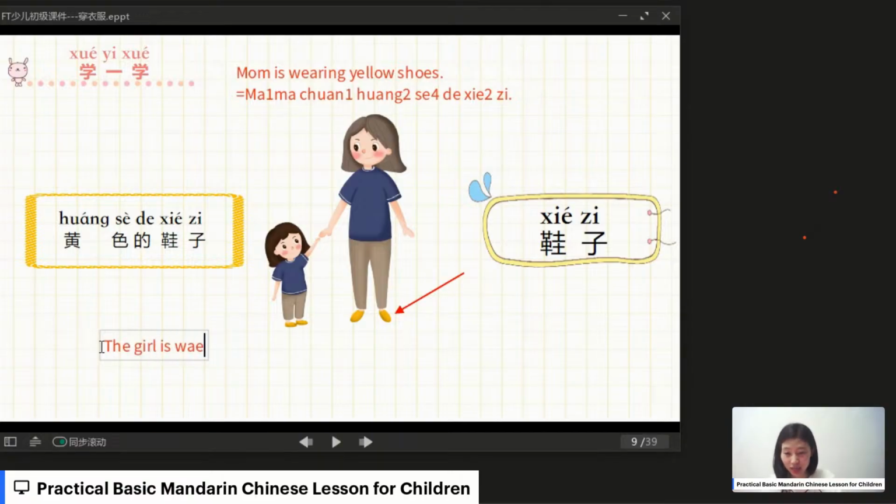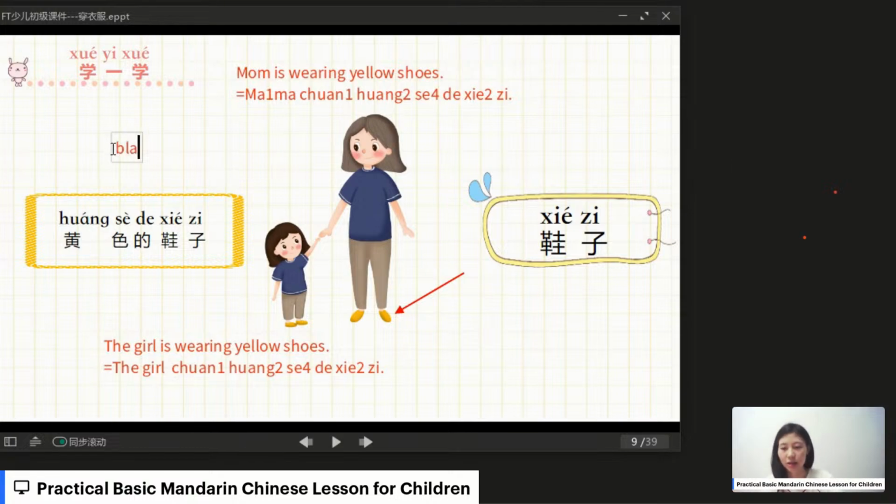Girl is wearing yellow shoes. So that would be the girl 穿黄色的鞋子. 黄色的鞋子. Okay, so now I'm going to test you guys.